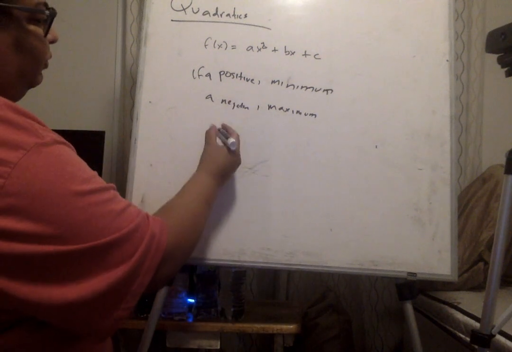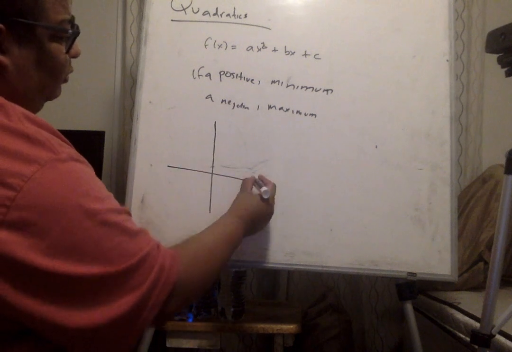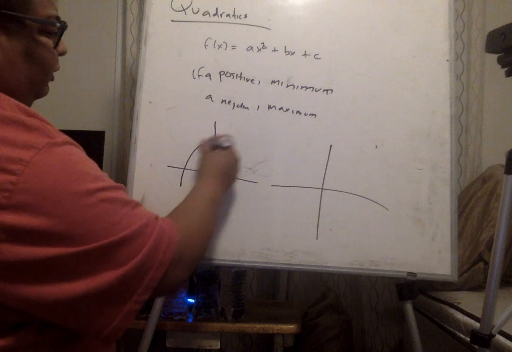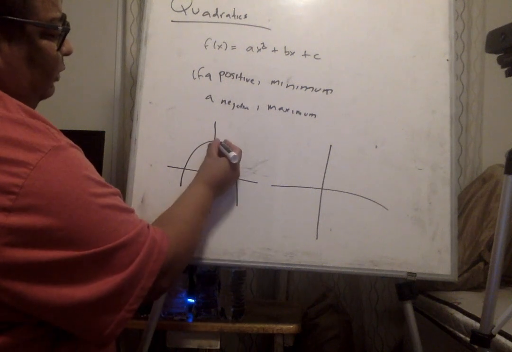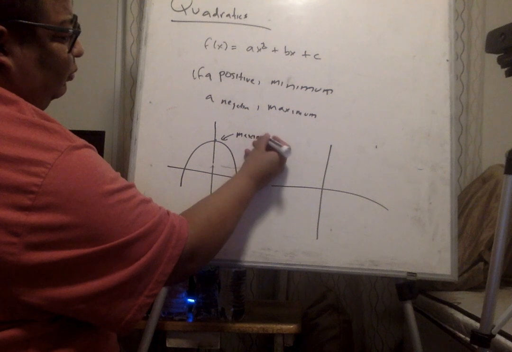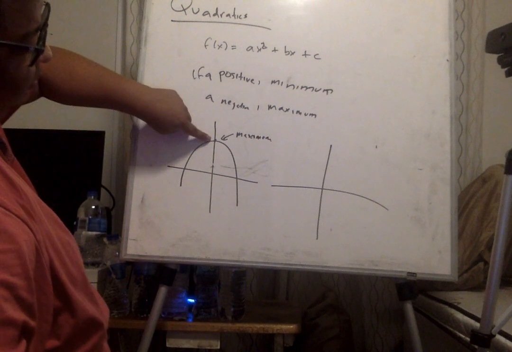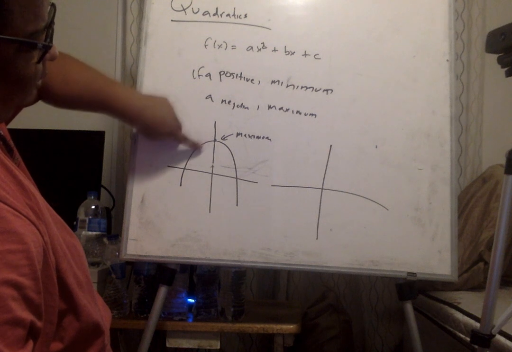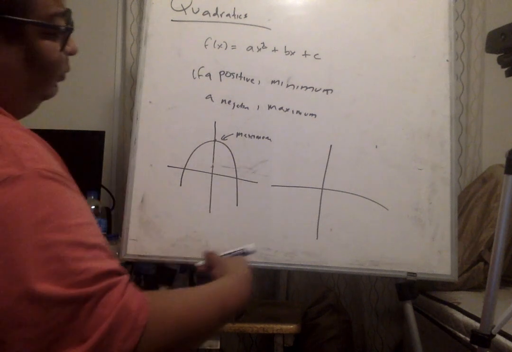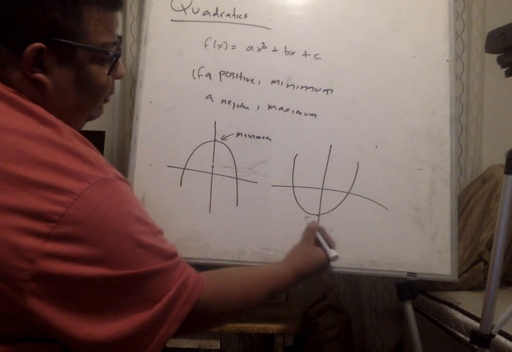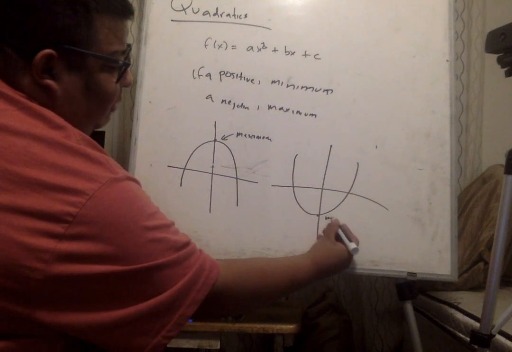That means that, let's say a quadratic looks like this. Here is a maximum, because all values of the graph are this value or less than that. But if it looks like this, that means that the vertex is a minimum.